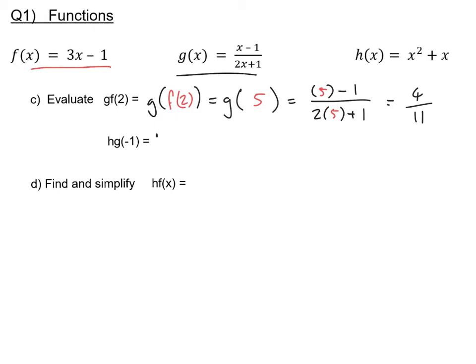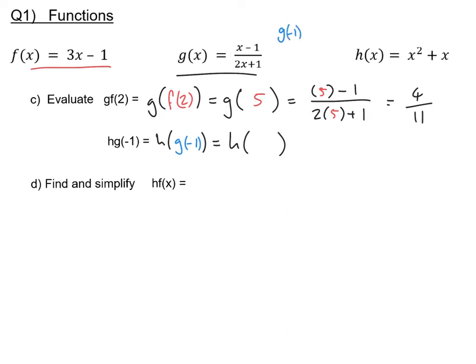Okay, so the second example, we're putting brackets around g of minus 1, and we're calculating g of minus 1 first of all. Now let's go and do this up at the top away from where we're working at the moment.